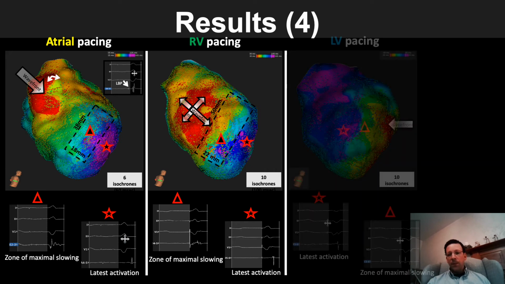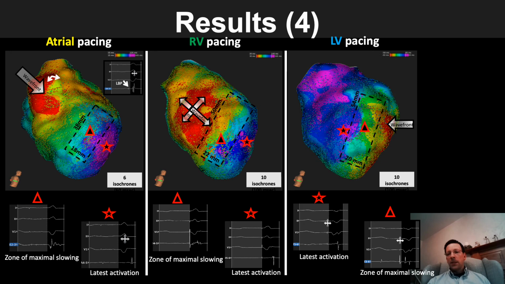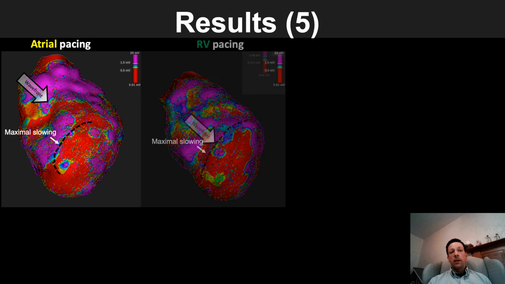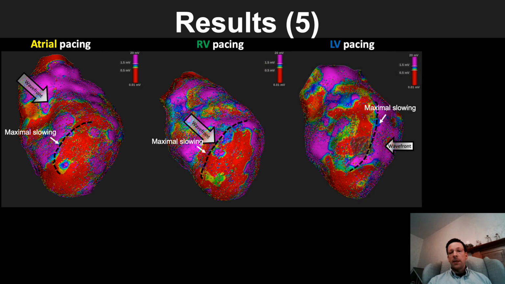Now the middle panel shows that slow conduction during RV pacing falls to an approximately similar location. However, when pacing is performed from the left ventricle, as seen in the left panel, slow conduction moves to a more apical location. This slide shows voltage maps from the same patient using atrial pacing, RV pacing, and LV pacing.